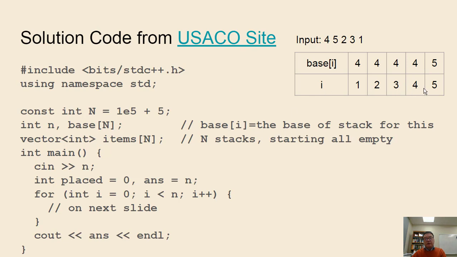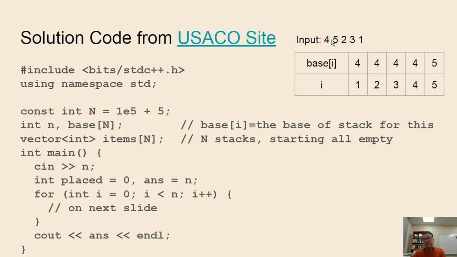It uses an array to store the value of the base of the stack, and then you can use this array to figure out which stack it goes to. So given this input, in the end, this is what the base value will look like.